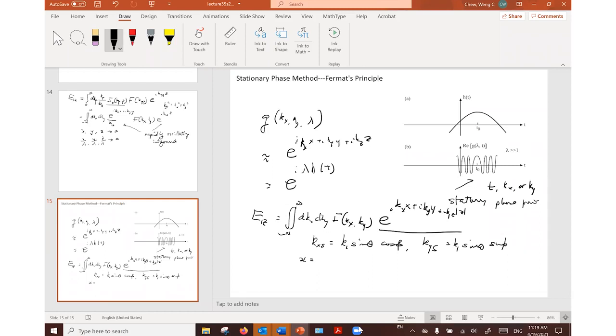In other words, x is given by r sine theta cosine phi, y is given by r sine theta sine phi, and then your z is given by r cosine theta. So if you express x, y, z in terms of the spherical coordinate system, you find that the stationary phase points have a very nice formula given by this.